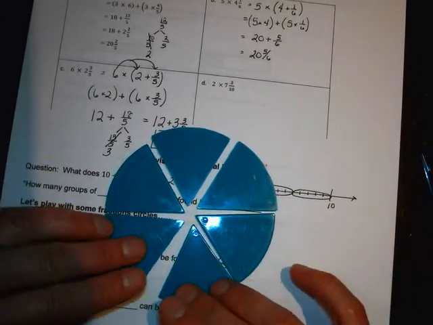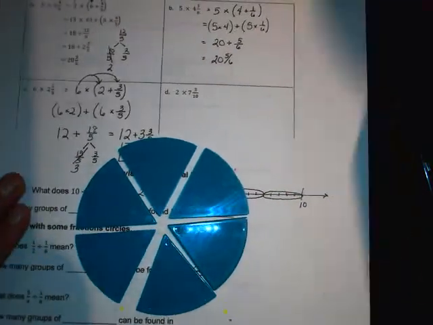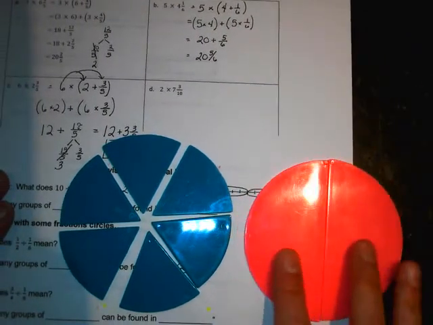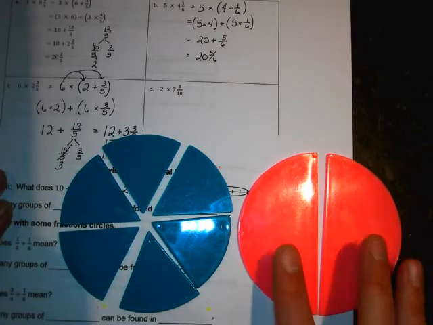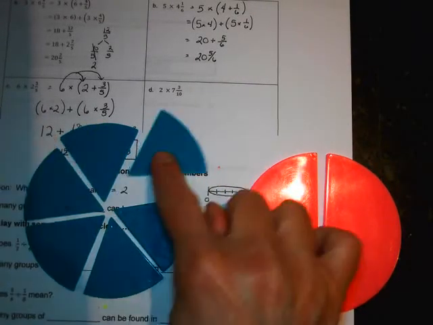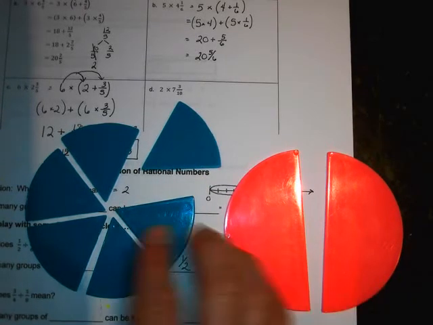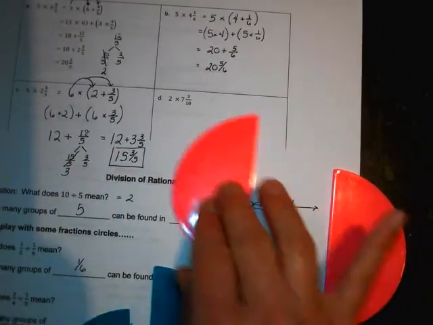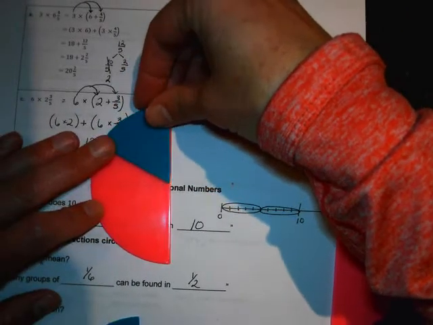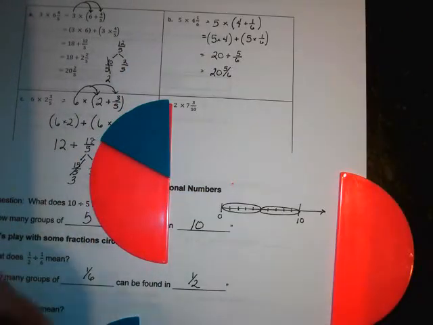All right, so this circle's been divided into 2 equal parts. This circle has been divided up into 6 equal parts, right? So these are 1/6, and this is 1/2. So how many groups of 1/6 can be found in 1/2? Here we go. 1, 2, 3.